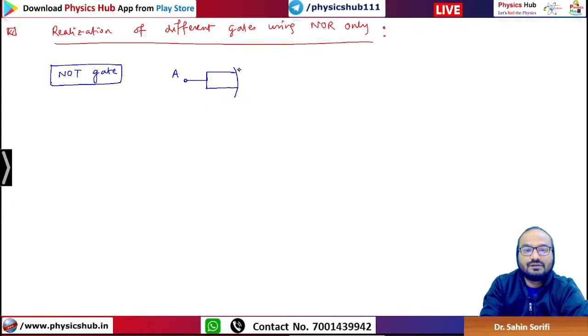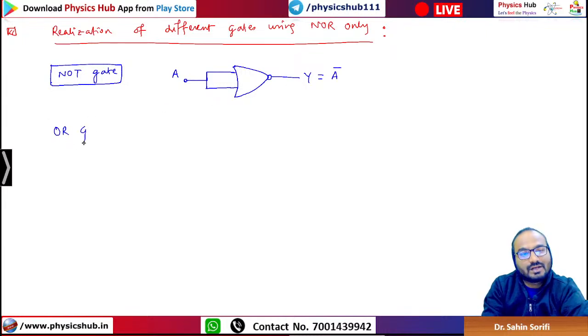Let us talk about NOT gate. NOT gate is A complement. So, A we take, we need two inputs for this NOR gate. So, y is equal to, you see, A plus A complement, that is A complement, NOT gate.